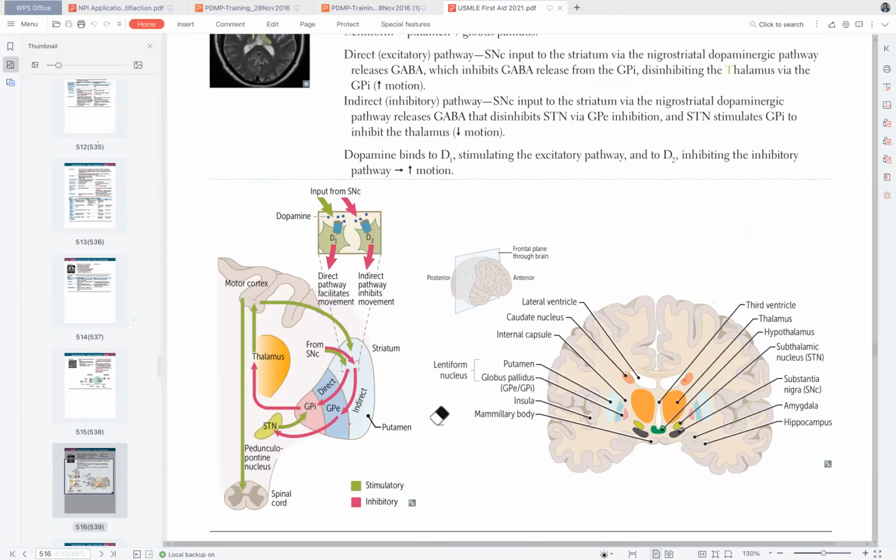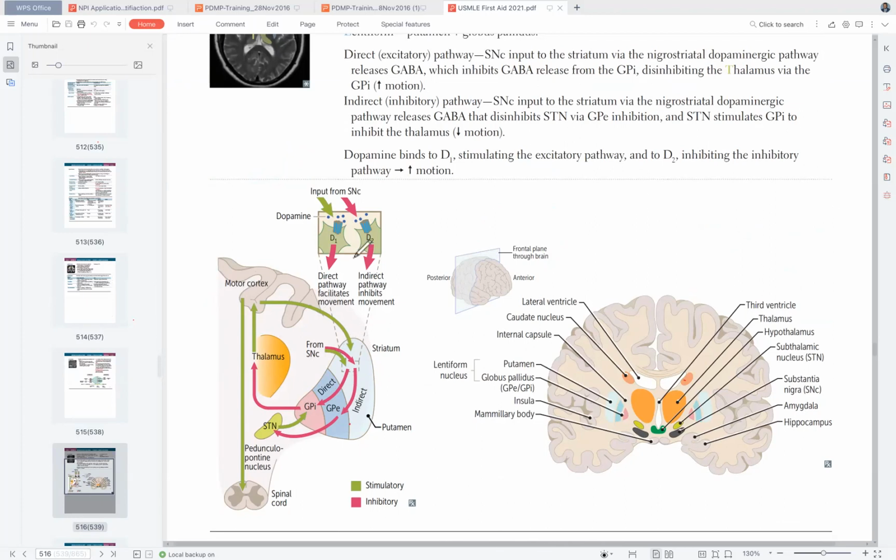So before any movement is generated in the body, it goes through complex stuff. We cannot explain it right now here. And so I'll send you a simplified video so that you'll look at it just to have an idea about it.